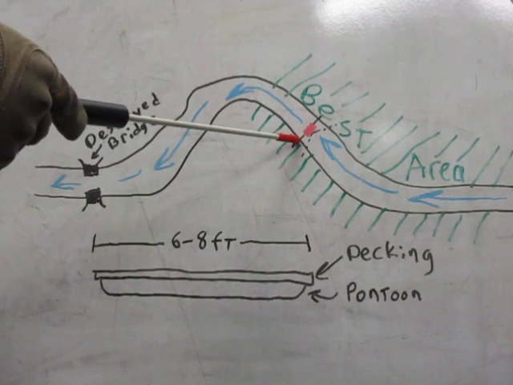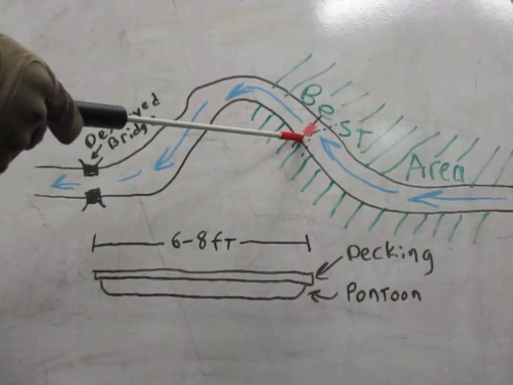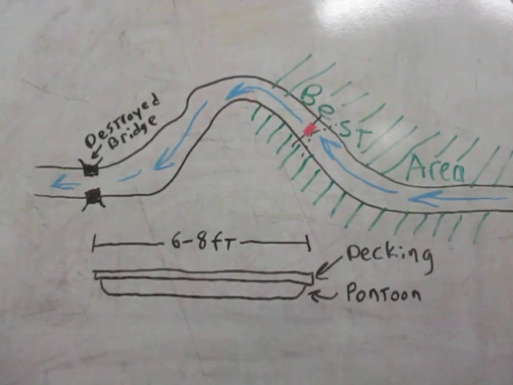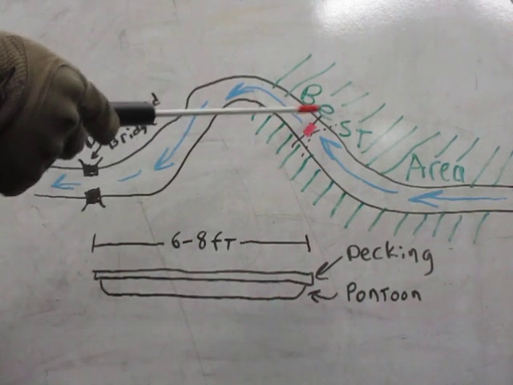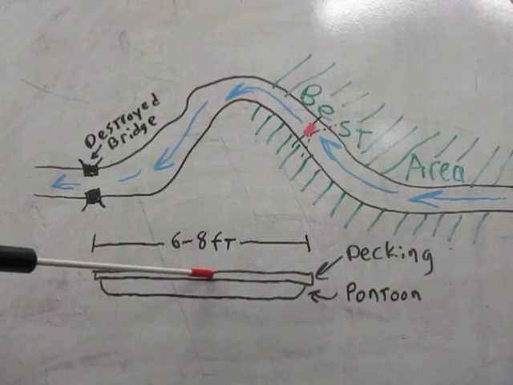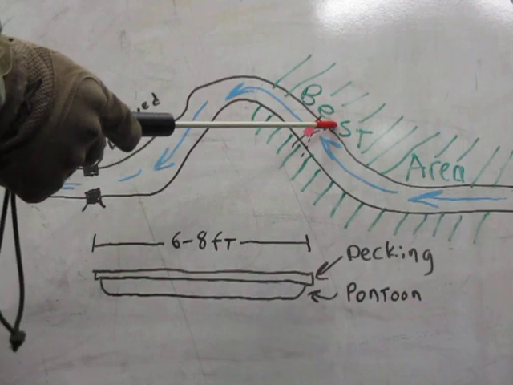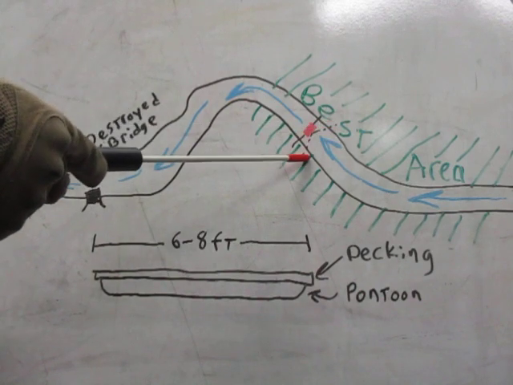The raft is already here at the edge or nearby. Gets tied off onto the rope. You then load up your load on top of the raft and it starts getting pulled across. Now I mentioned putting a rope here in the center. This rope, you're going to have one length going up here, one length going up here.